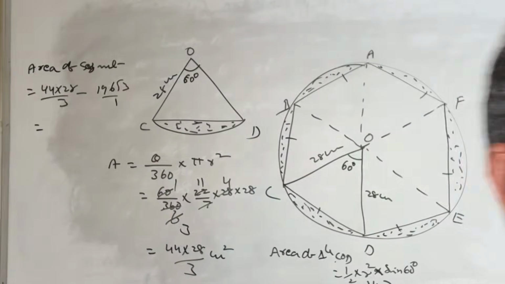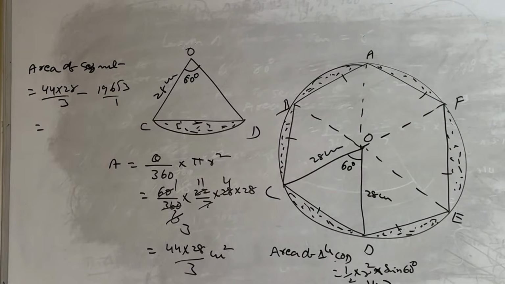And after getting the simplification, multiply it with 6 because total 6 segments are there. 44 into 28 by 3 minus 196 √3. Use √3 as 1.7 and simplify it.